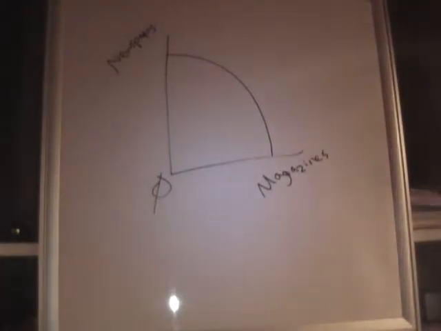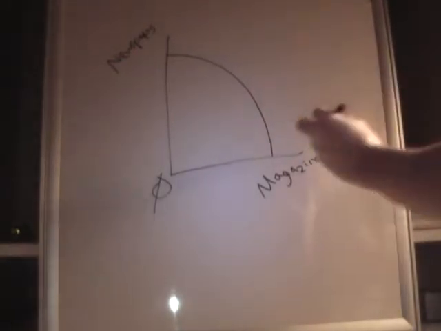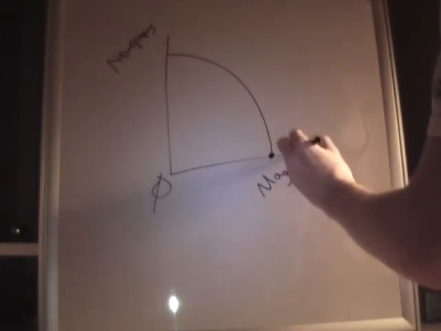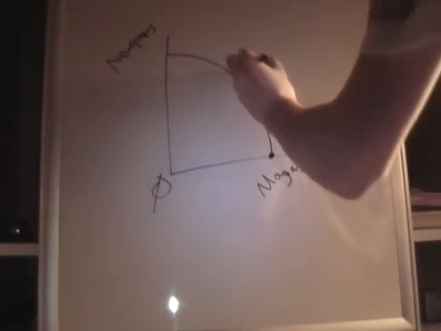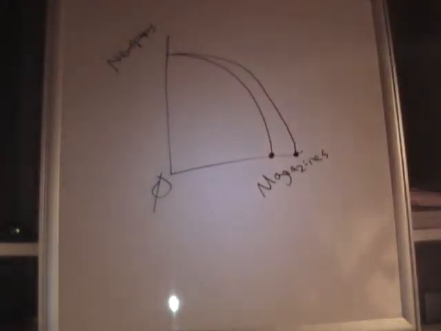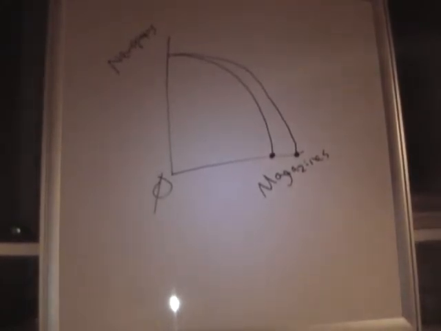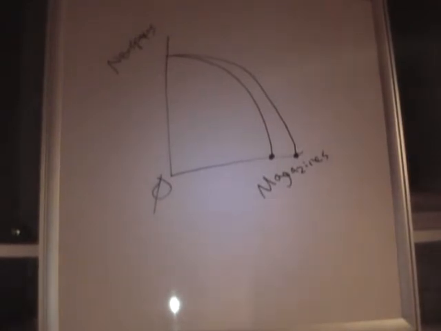So easier access to colored ink would cause the curve to shift from right here to right here. So our new curve would look like that, only increasing on the magazine side. Now, and by the way, in economics, and this is a general thing for the most part.